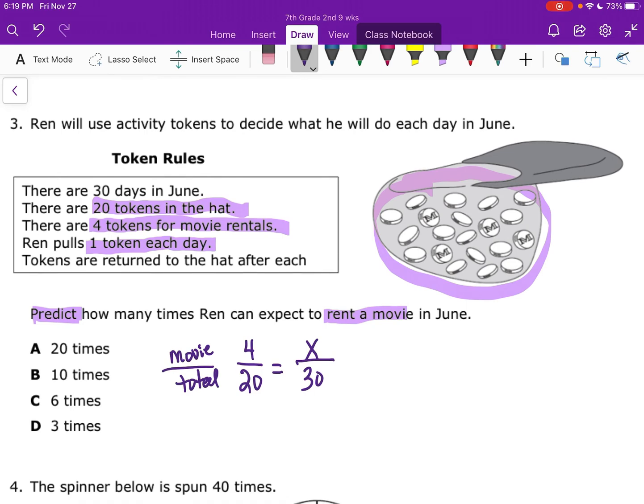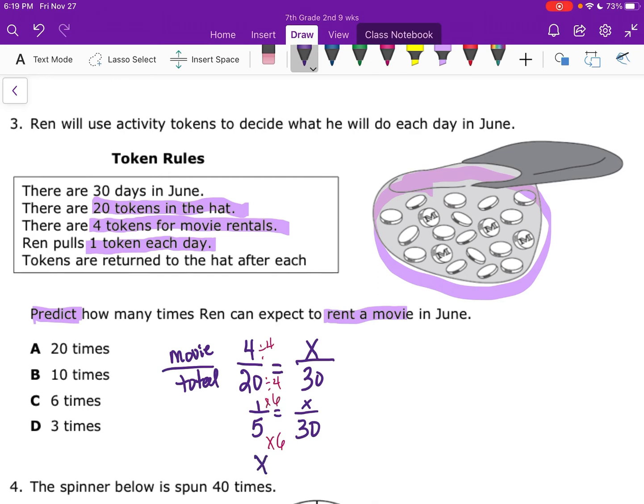All right, let's go ahead and simplify. We can simplify by 4. And that will give us 1/5. And surely you can see the scale factor. 5 times what gives us 30? 5 times 6. Whenever we multiply the bottom by, we got to multiply the top by.